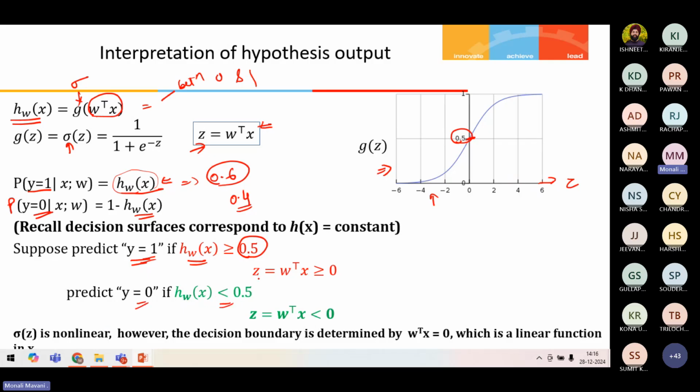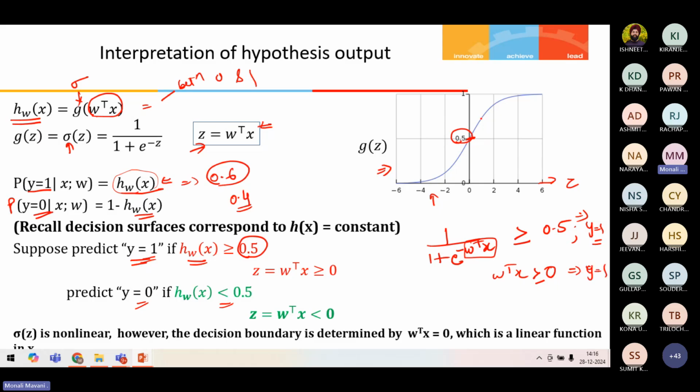Now, what is the hypothesis function? It is 1 upon 1 plus e raised to minus w transpose x. If this is greater than or equal to 0.5, then the class is 1. With simple math, w transpose x should be greater than or equal to 0. In that case, your class will be 1.